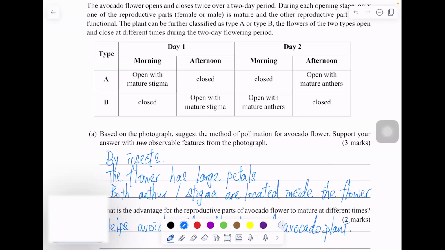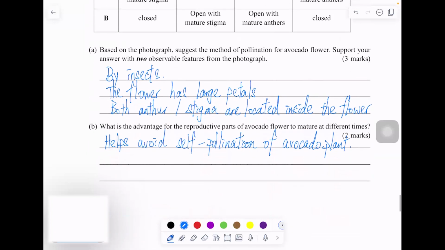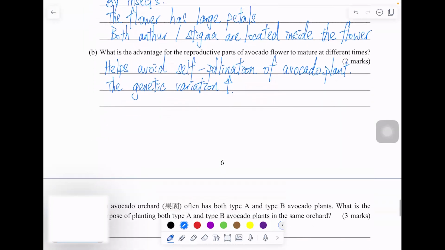Then in this case, there would be no self-pollination. So this can reduce the possibility of having self-pollination. And in this case, the genetic variation of the offspring will be increased.